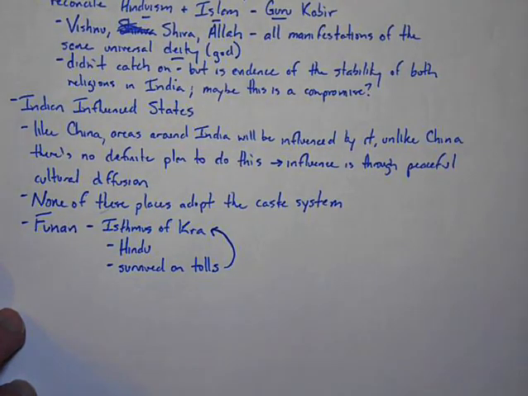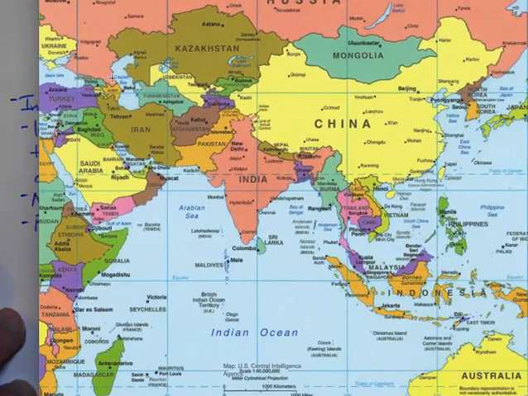So I'm going to bring the map back over here. If you're trading in China and you want to get back to India, you could either go through these small channels in these islands. You could sail through here, which was a very dangerous journey, or you could take a really long way around and go through here back to India.